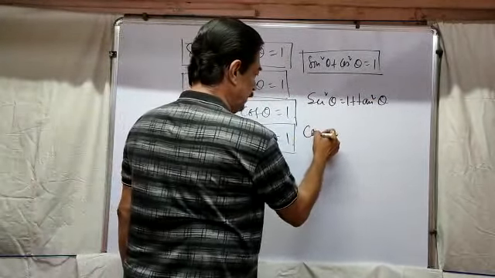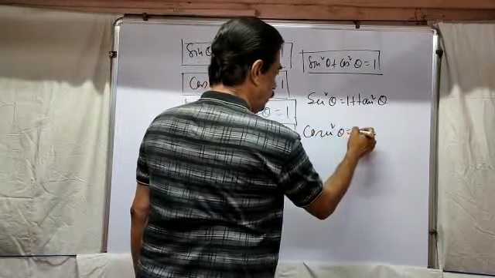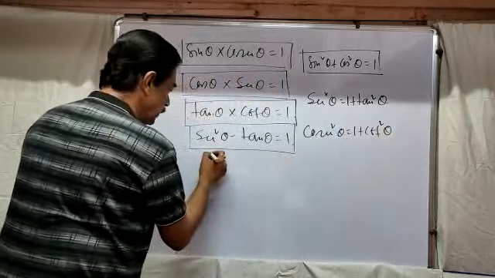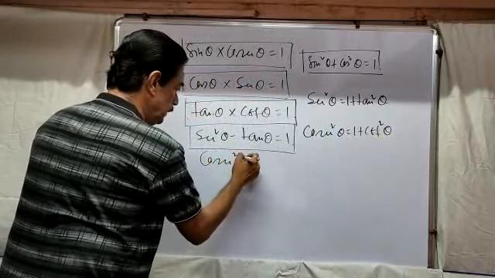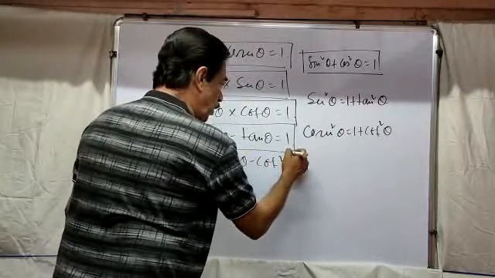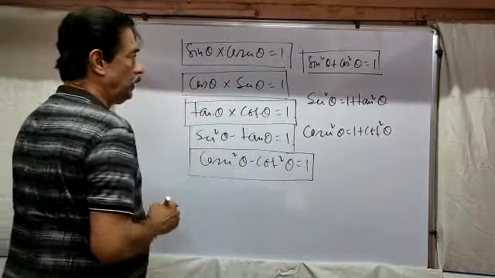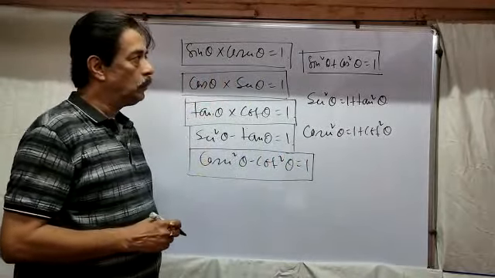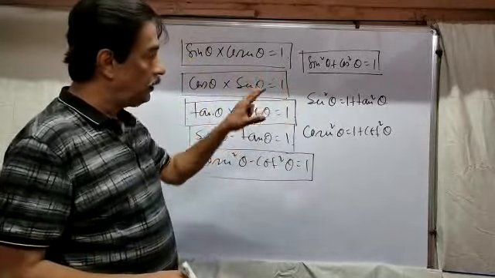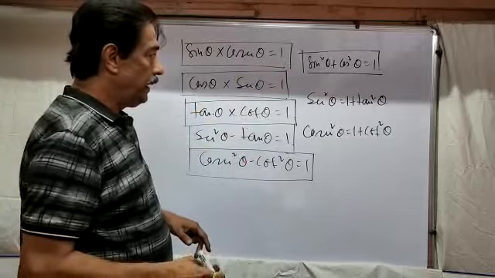Next, cosec square theta equal to 1 plus cot square theta, so cosec square theta minus cot square theta equal to 1. These all are elimination formulas. When we want to go for elimination, we can use them. In future I will apply this.